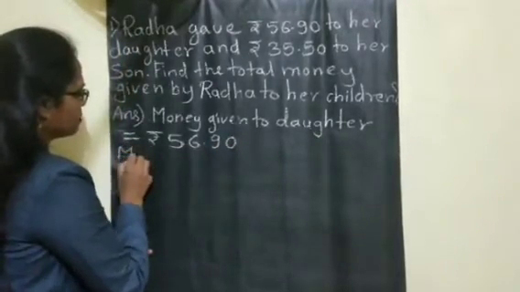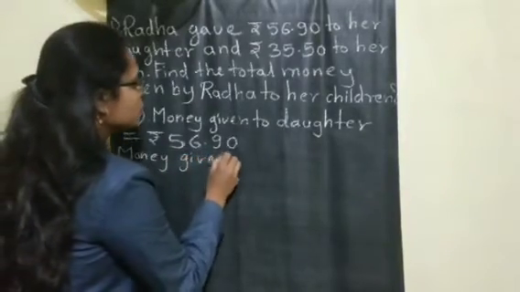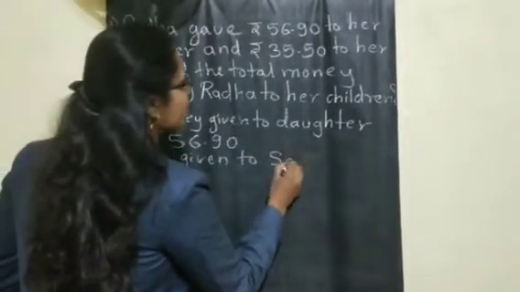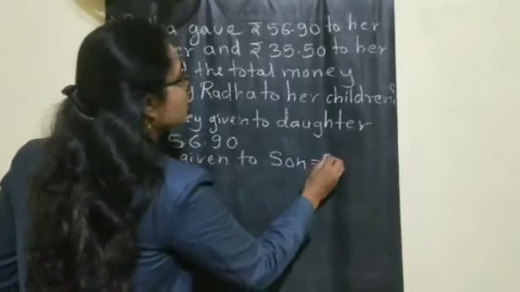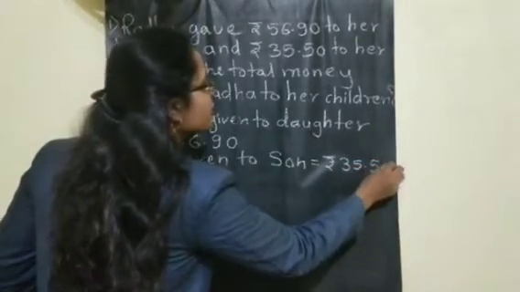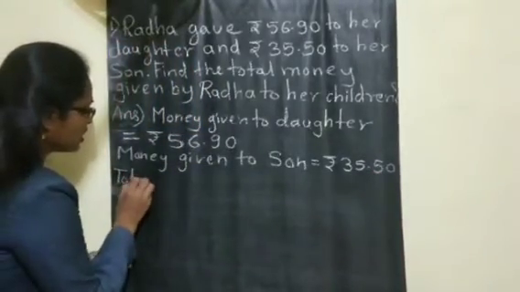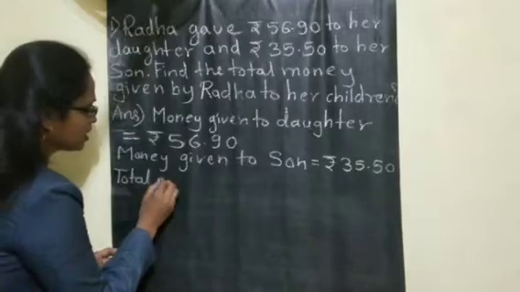Similarly, money given to son. How much money given to son? Rupees 35.50.